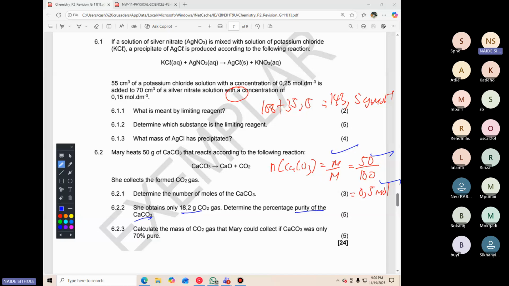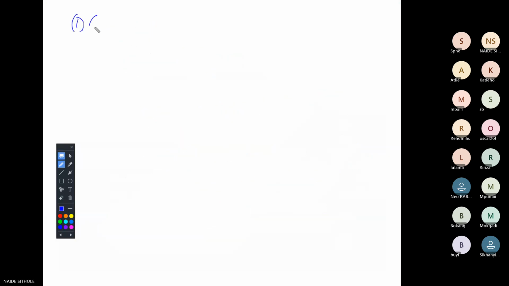Okay, the percentage purity. To calculate the percentage purity, we have to compare with the carbon dioxide. Step number 1: calculate the number of moles. Remember, with percentage purity we can either work with the limiting reagent, or if the limiting reagent is not provided, we work with the product.